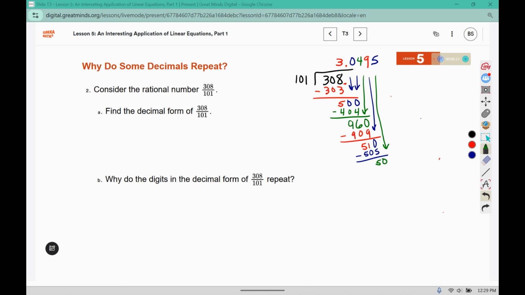But 101 does not fit into 50. And it does fit into 500. You'll notice here that the 50 as a remainder showed up again. So now we're going to have 4, 9, 5, 0, and it's going to continue to repeat from here.